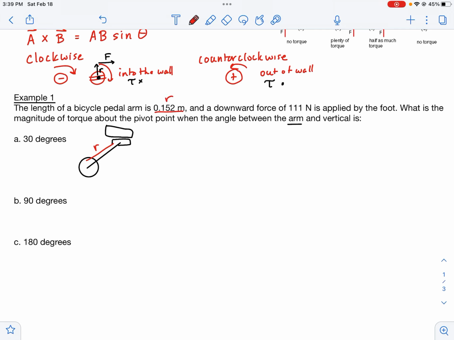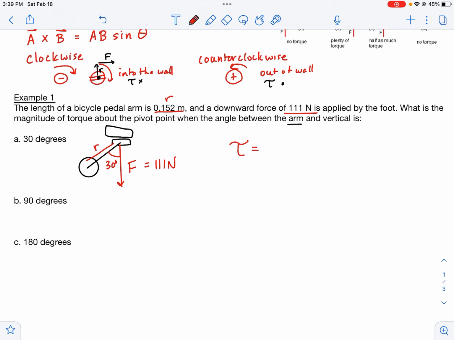And typically when we ride a bike, the force is straight down like that, and we know that that force is 111 newtons. And we want to know how much torque there is when this angle is 30 degrees.